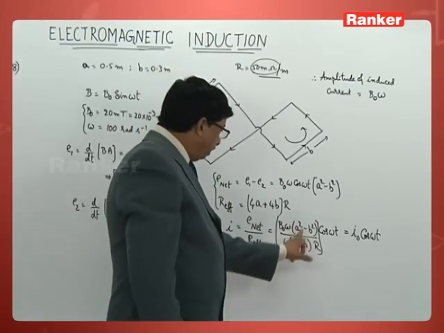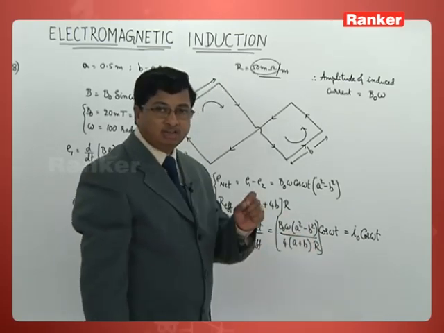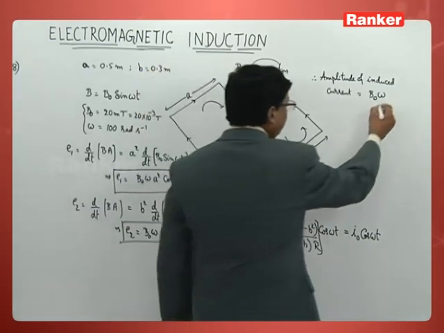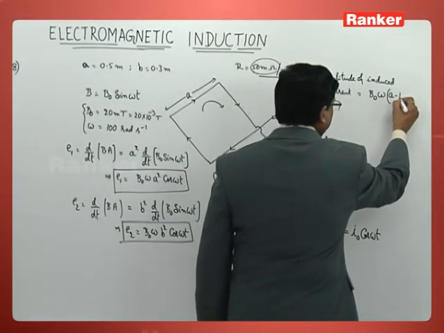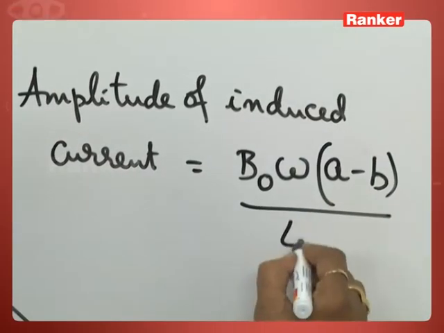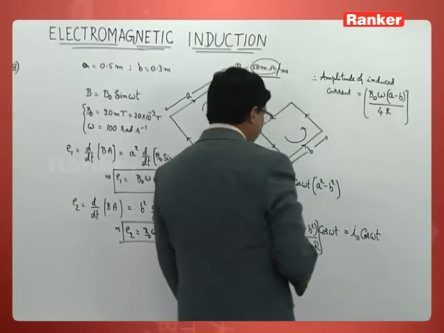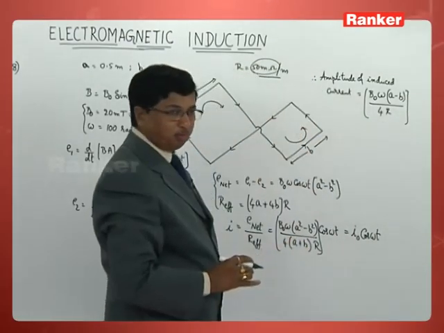A plus B into A minus B in the numerator, A plus B gets cancelled, A minus B is left over, into A minus B over 4R. This is the value of the amplitude.